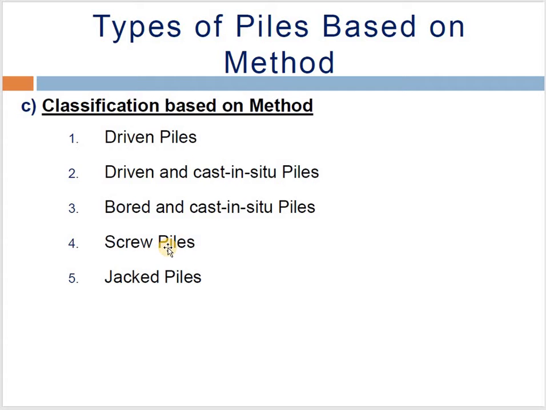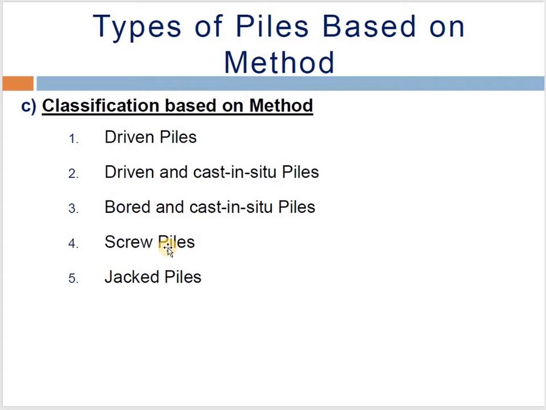Now, based on the method of installation, you have driven piles. Driven piles means you cast the pile in a plant and then you bring it to the site and drive it. Driven and cast in situ pile means you cast the pile on the site itself and then you drive that pile.